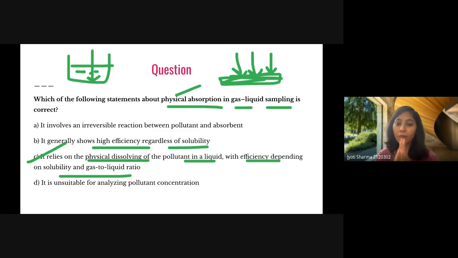In the ocean we have water, and we have a lot of carbon dioxide and oxygen in the oceanic water. So this is nothing but the physical dissolving of a pollutant, or any gas, in the liquid. This is one of the methods by which we can store air pollutant in liquid, and it is part of physical absorption, right? So that's why C is the right answer.